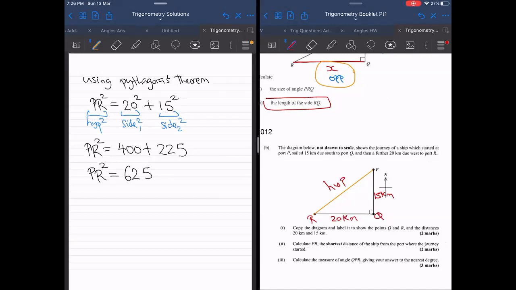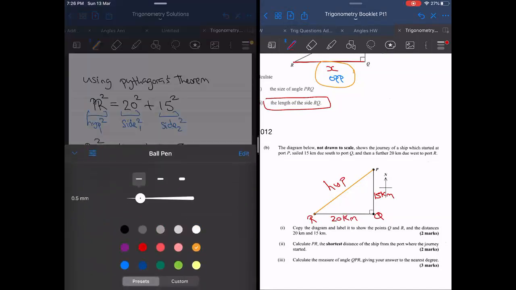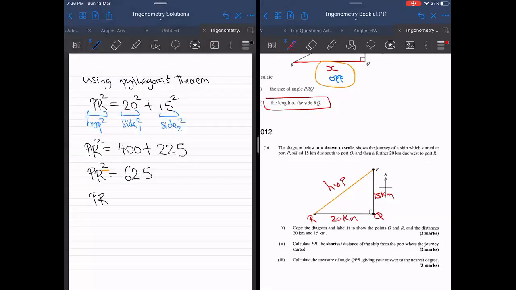Just like how we did the sine inverse to get rid of the sine, if you want to get rid of the square, you have to square root the opposite side. Whenever you want to get rid of a square, you square root. And then you will get 25. Yes, it is 25. Good job. Yeah, have to remember the square part.